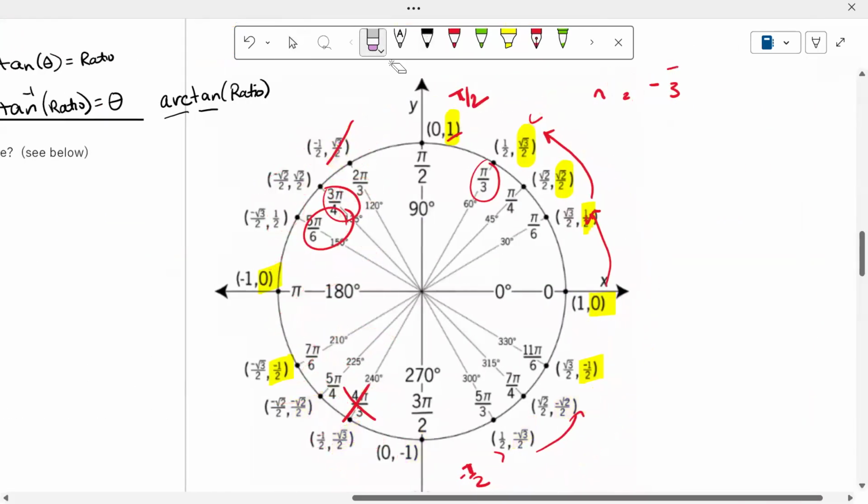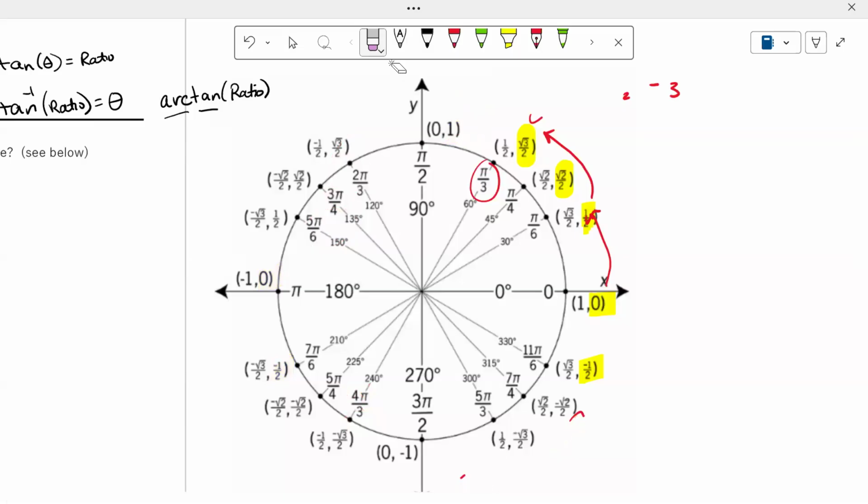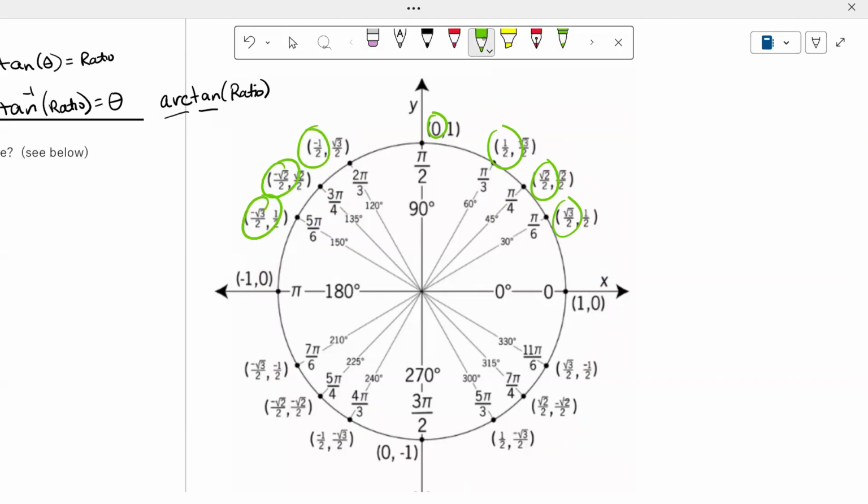When looking at our unit circle, we're going to look at all the x values because those are the cosines. X values are positive here, 0 here, negative here.